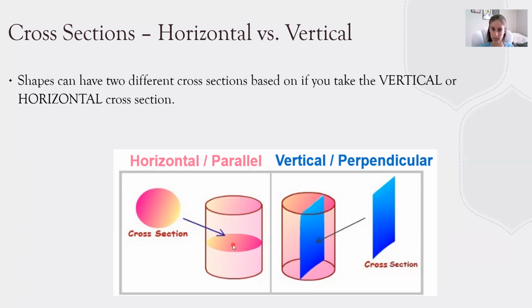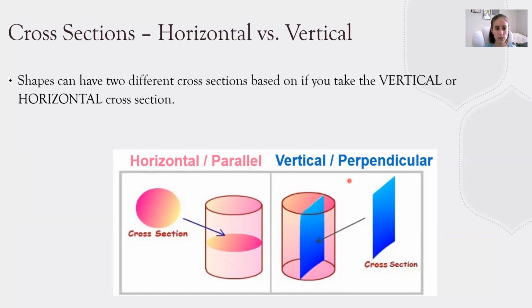It mimics your base. However, if you were to slice it vertically, remember vertical goes up and down, that makes it perpendicular with your base. It's no longer going to be a circle. Now instead of opening it up like this, we're opening up our cylinder like this. And what's created on the inside when we cut it in half vertically is a nice tall rectangle.